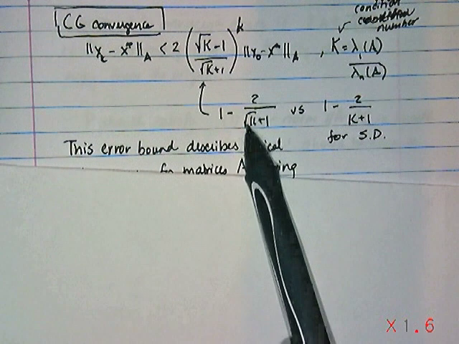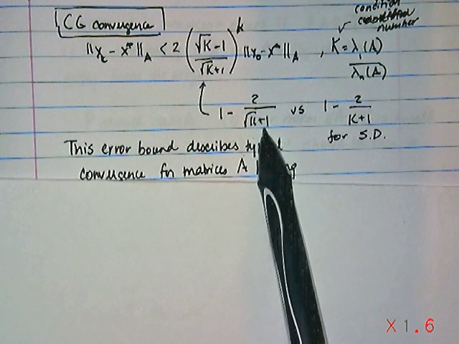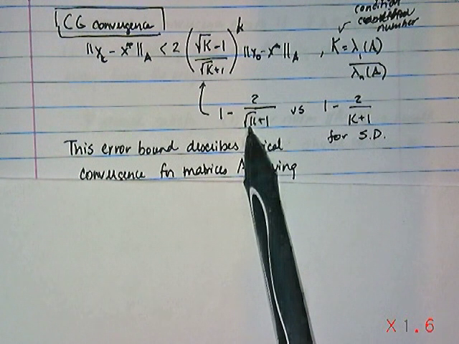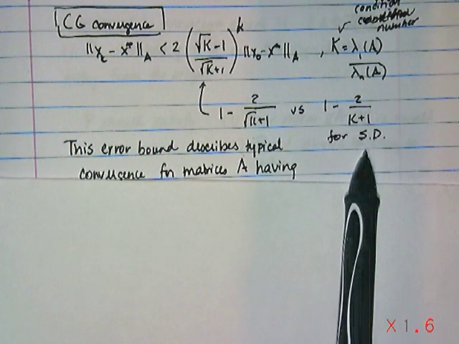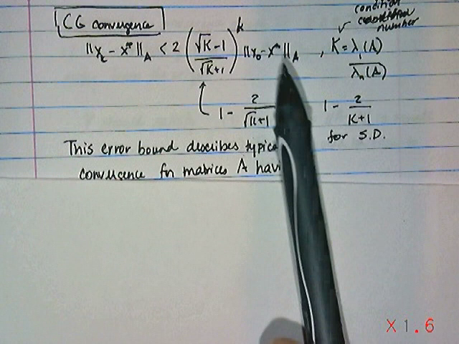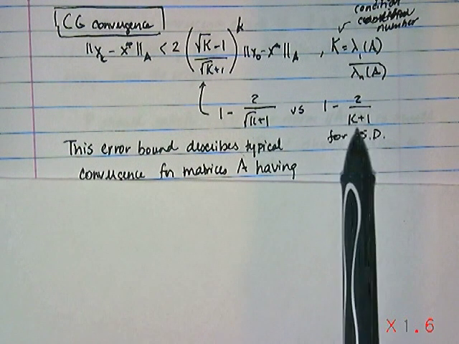And of course, you could reduce that to just the factor 1 minus 2 over the square root of K plus 1, where capital K is the condition number of the matrix. For steepest descent, the factor raised to the k power is 1 minus 2 over K plus 1.